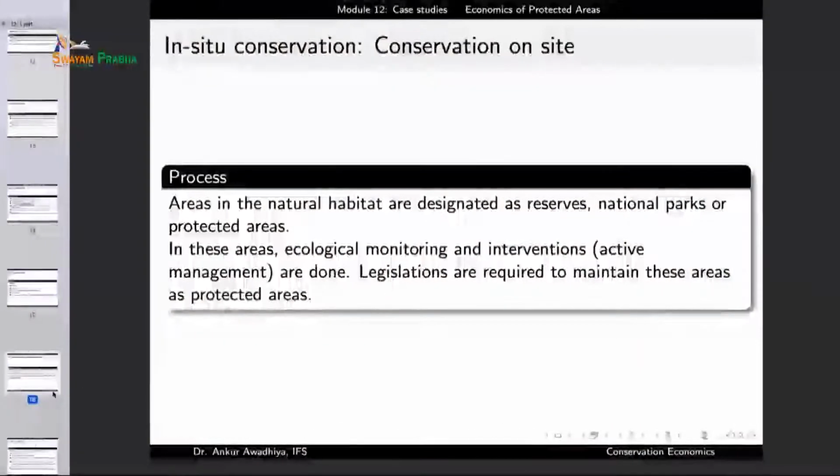Once you have done this designation, then laws will be used to ensure that people do not enter into this area or to regulate the movement of people into this area. And also, we do active interventions, that is, active management, such as control of forest fires or control of invasive species or provisioning of water. So, all different kinds of active management are also done in these areas.